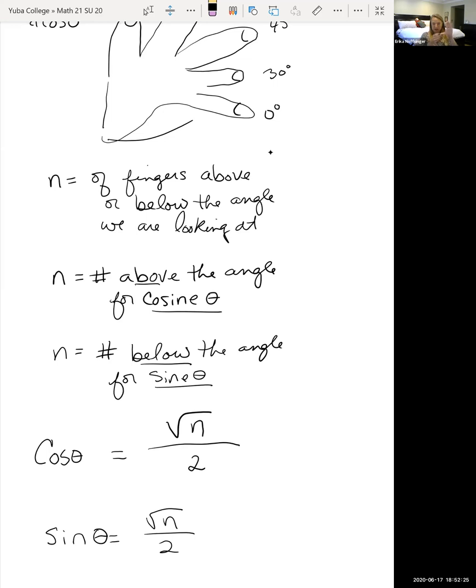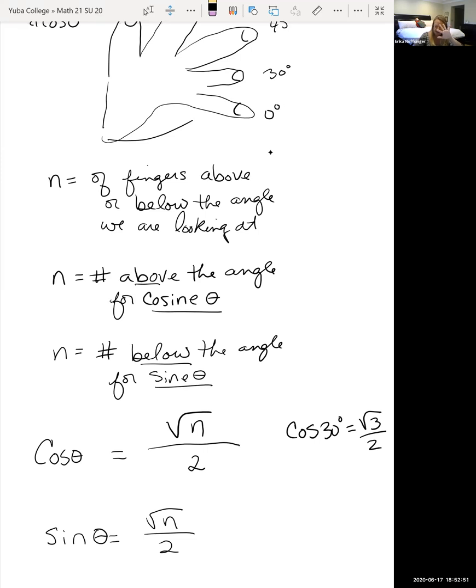Okay, so let's start at 0 degrees, which we didn't talk about. So maybe let's start with 30 degrees. We'll talk about 0 degrees later. So 30 degrees. If I look at the number of fingers above my 30 degrees, there's 1, 2, 3 fingers. So cosine of 30 degrees, there's 3 fingers above, so that's root 3 all over 2.